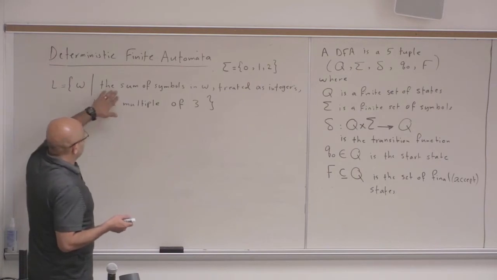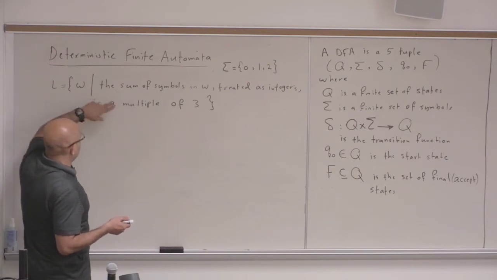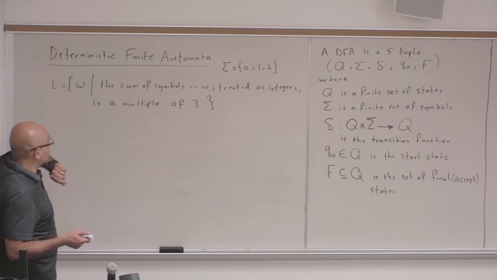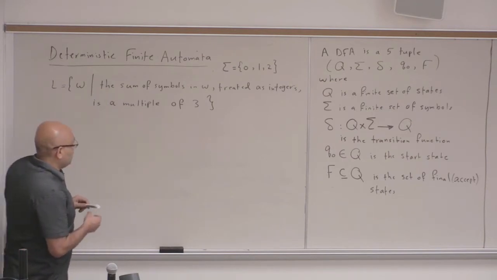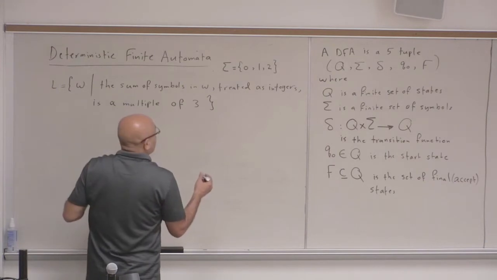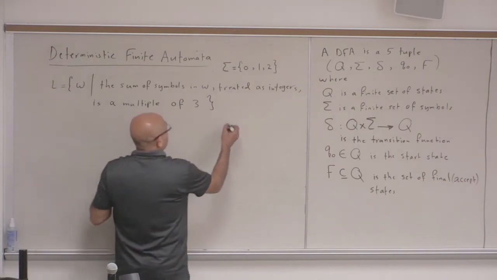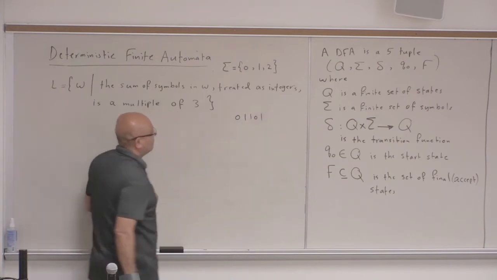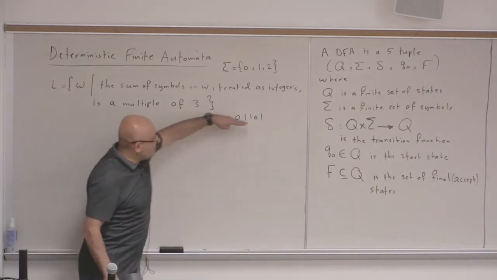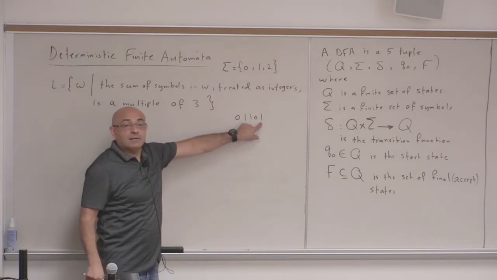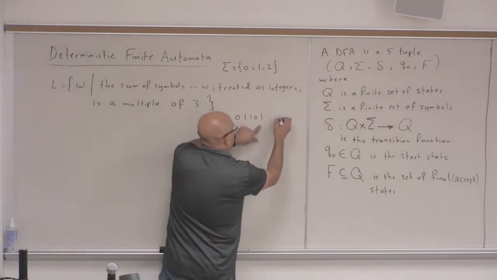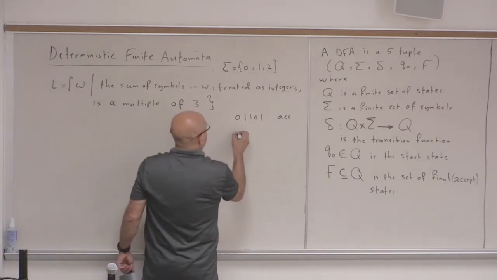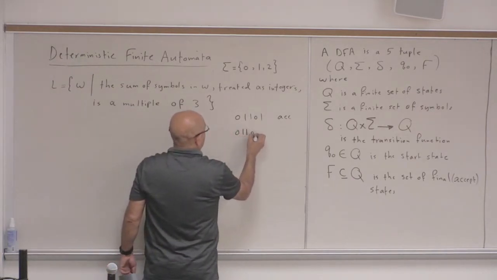So what does this mean? The sum of symbols in W treated as integers is a multiple of 3. If we have 0, 1, 1, 0, 1, then we sum the symbols. The sum is 3, so this is accept. What if we have 0, 1, 1, 0, 1, 1?